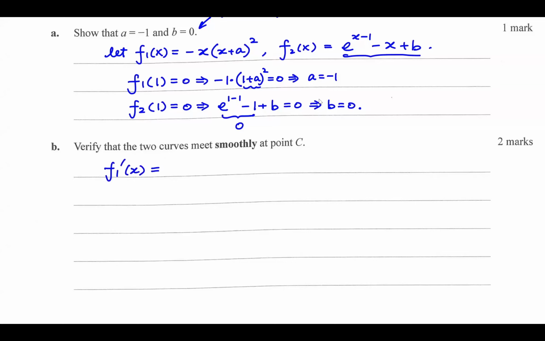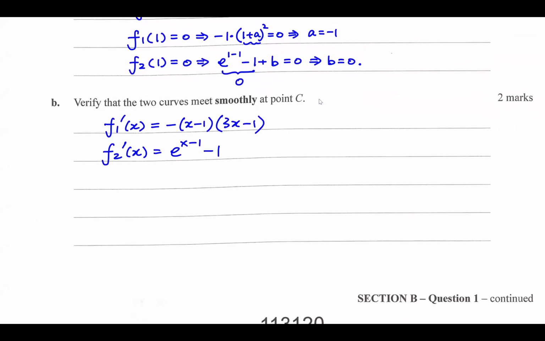F1 dash of x is equal to minus x minus 1, and then we have 3x minus 1. F2 dash of x is just e to the x minus 1, minus 1, if I'm not mistaken.